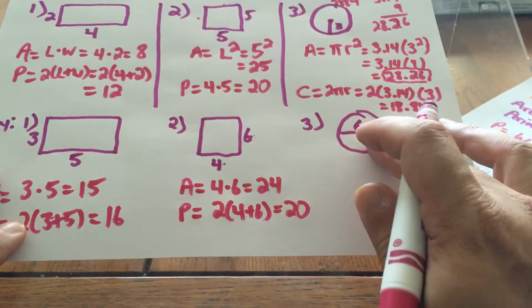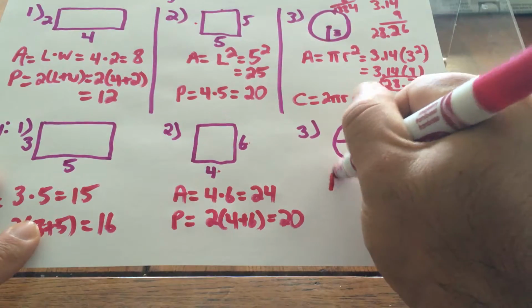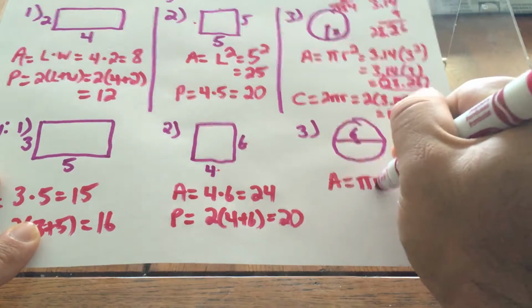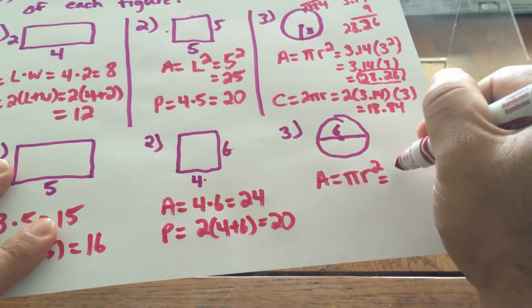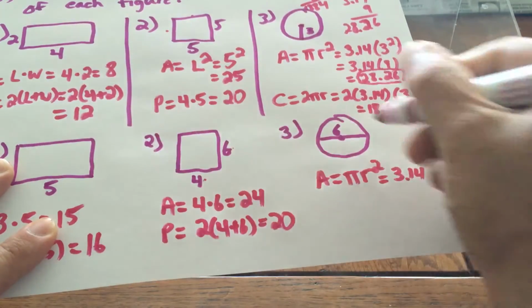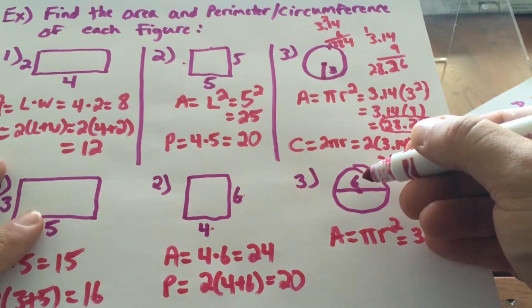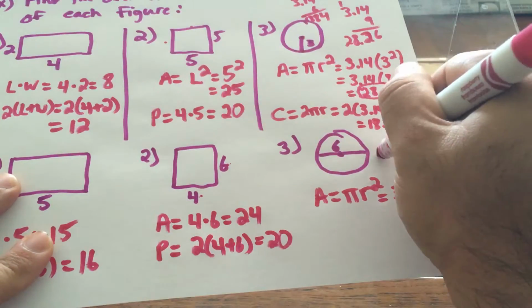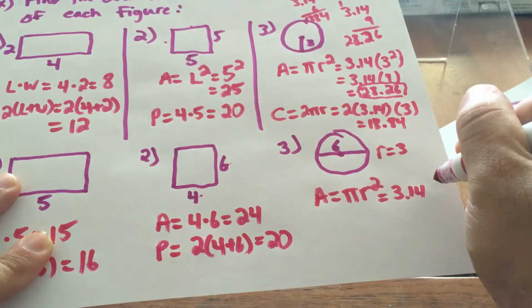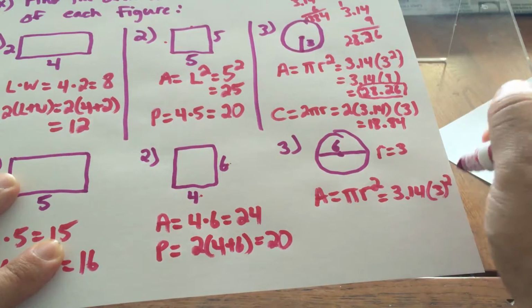Okay? Notice in the third one, they give you the diameter. So to find the area, we're using pi r squared, but pi is 3.14. They didn't give us r, but notice to find r, all you have to do is divide the diameter by 2. So 6 divided by 2 means that r is equal to 3. So we're doing 3.14 times 3 squared.